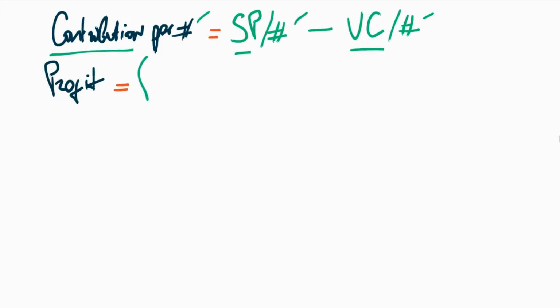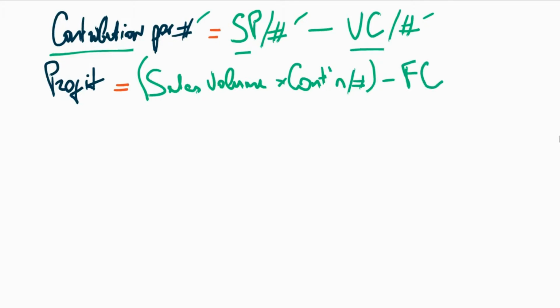We have sales volume, how many items we sold. We multiply it by the contribution per unit, and we deduct from it the fixed cost, total fixed cost, of course, because sales volume multiplied by contribution per unit gives us the total contribution, and the total contribution we said is sales price minus variable cost.